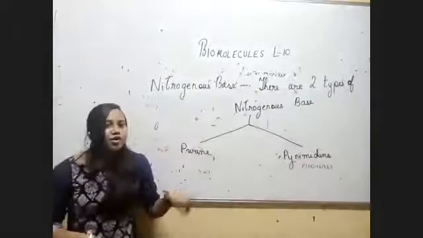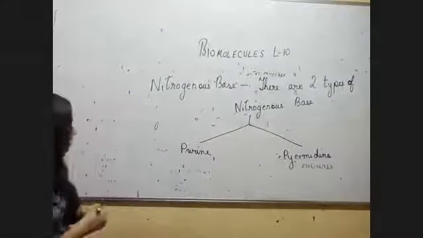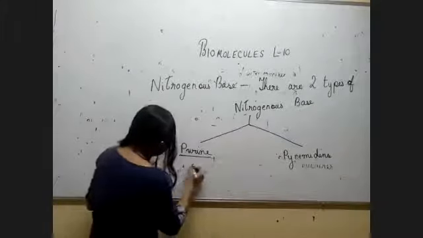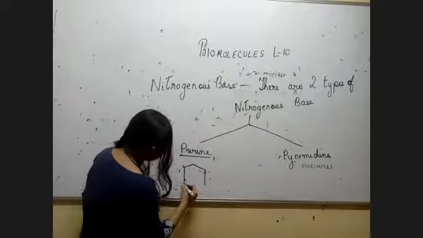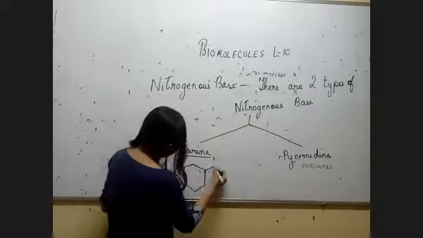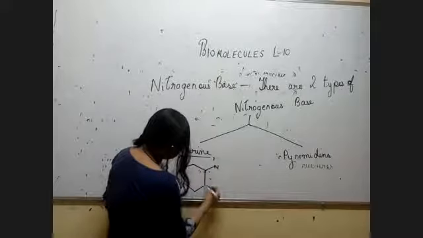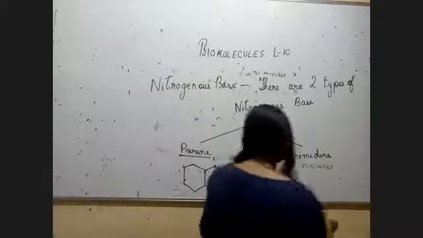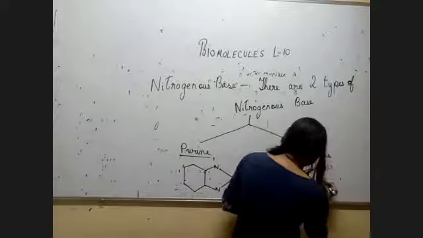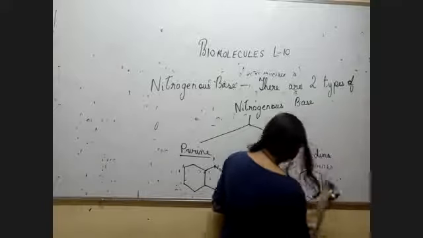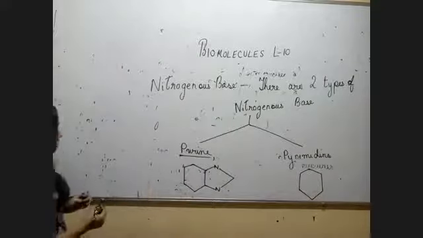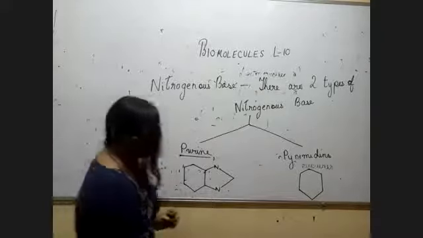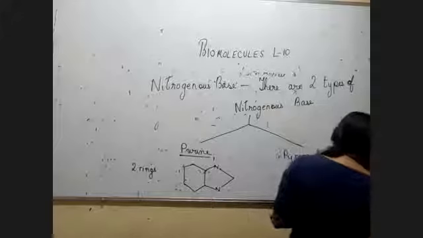Purine consists of two rings, and pyrimidine consists of one single ring. Purine consists of two rings and pyrimidine consists of a single ring.